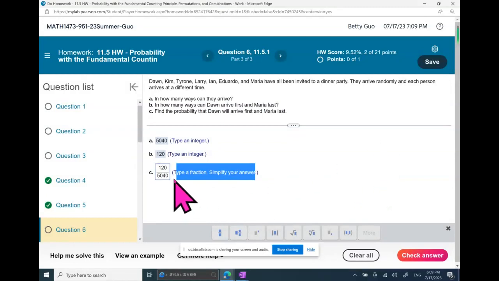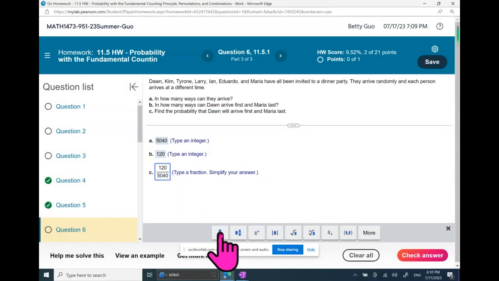You can use the calculator I showed you last time to simplify, or you can manually simplify. When the top and the bottom both have a 0 as the last digit, we can remove the 0. So the numerator divided by 10 is 12, and the denominator divided by 10 is 504.